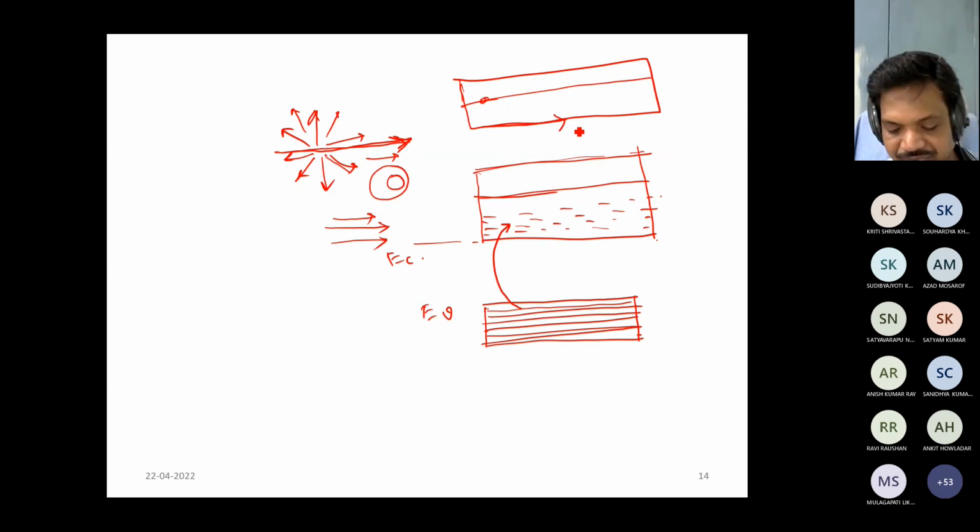Now the question is, for a given energy state, say for example here, this is ET, the energy state at a given temperature T, or say simply E1, what would be the probability of occupancy by an electron at this energy level? Are you getting my question?